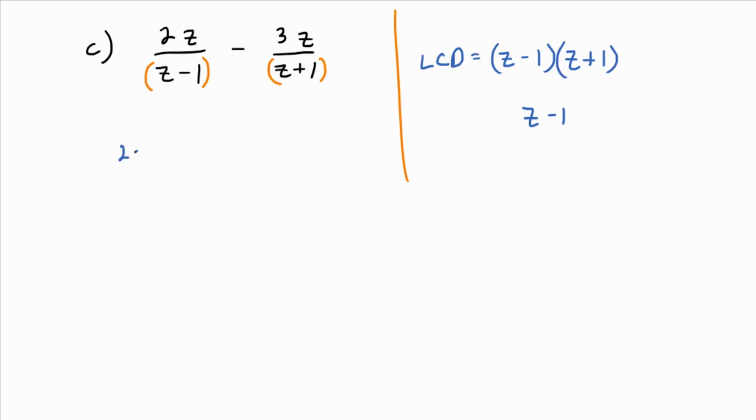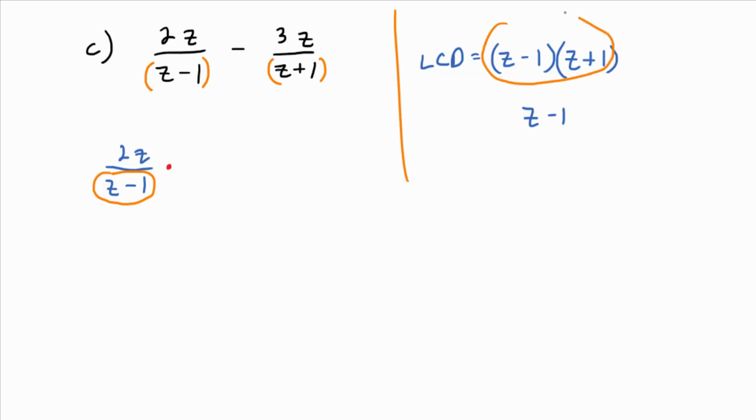We take the first one, 2z divided by z minus 1, and we multiply numerator and denominator by the factor that's missing from the LCD. You have z minus 1.